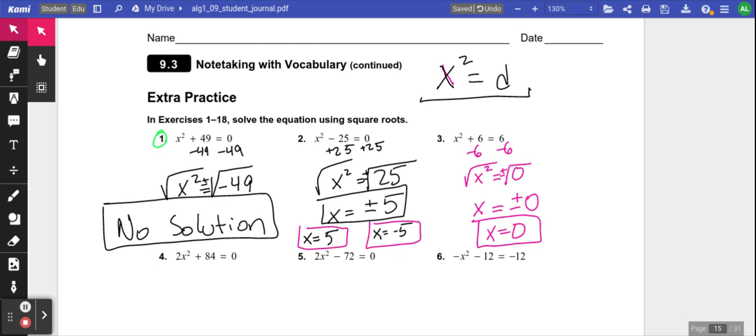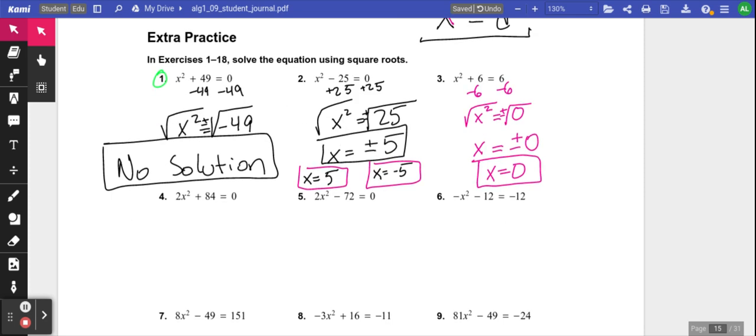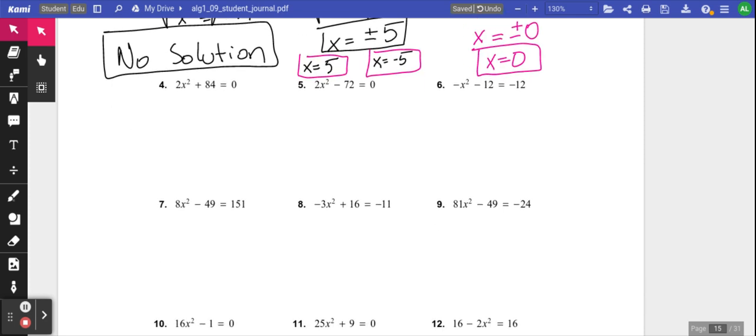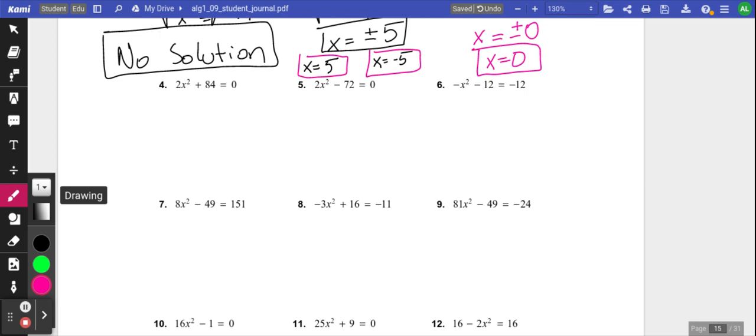Let's get into a little bit more complicated algebra here. I'm going to do a couple more examples. I've got 2x squared minus 72. So not only am I going to have to move that 72 over, I'm going to add 72 to each side here. But I don't want a square root at this point yet. When I have the 2x squared, I want it just to be x squared. I don't want that 2 there.